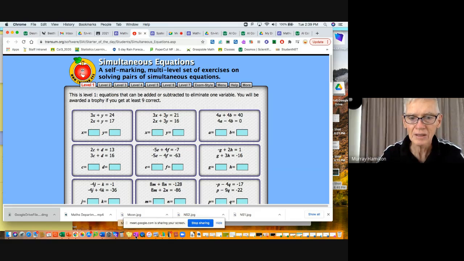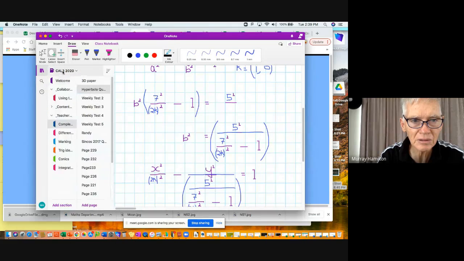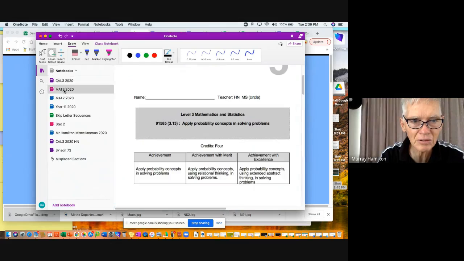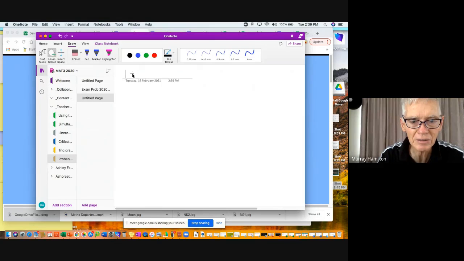So I'm going to open up this document and we will go to Maths 3. I'll do a new page. Right, and we'll go Transum. These are the activities, and the first equation that we have, going to take me a little while just to do this neatly.